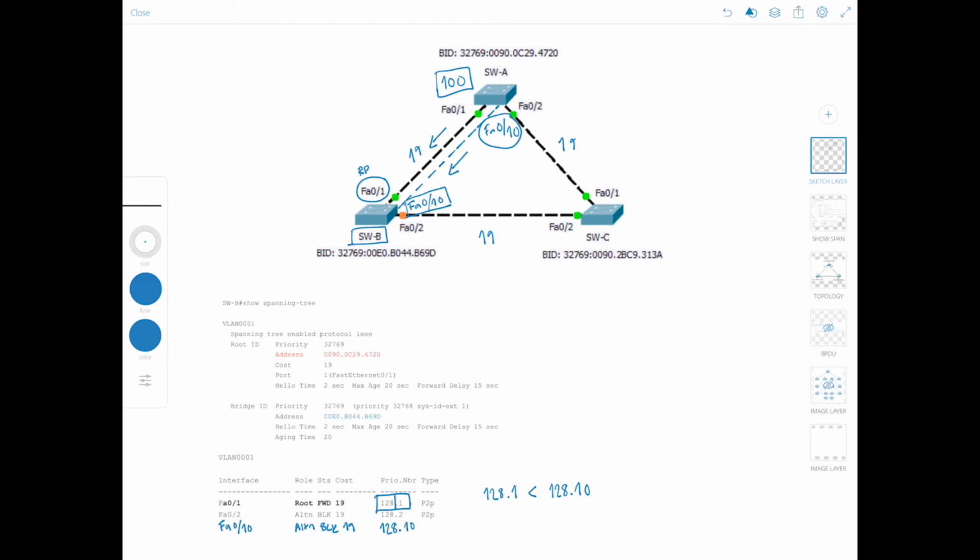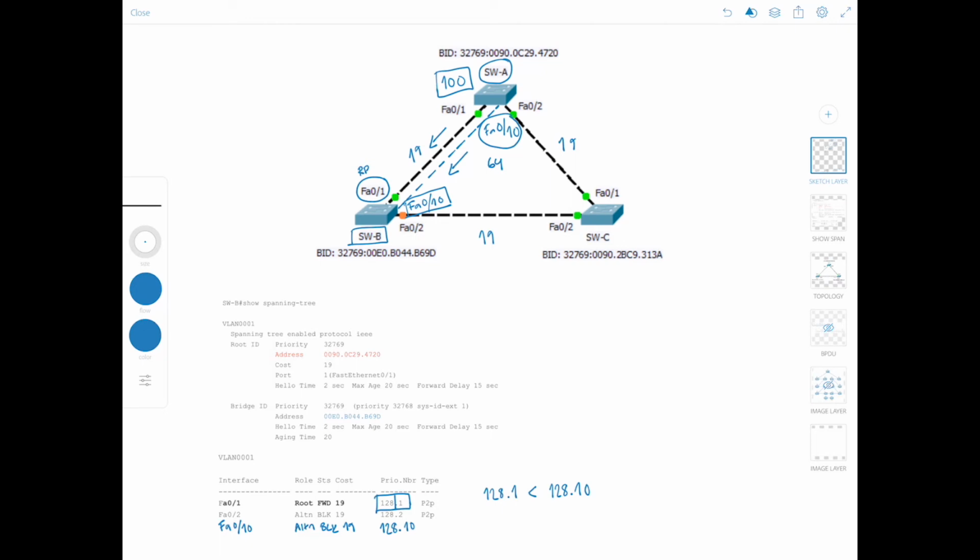So it's really interesting when you configure the port priority because, as I mentioned, you would have to configure it here on switch A. So let's say that you made it lower, so you did something like 64 instead of 128.